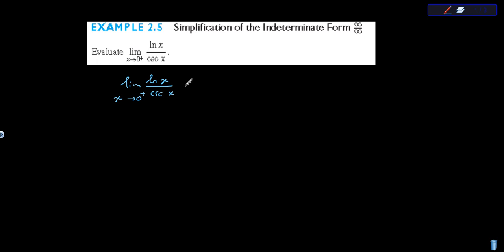If I substitute directly, ln 0 from positive is negative infinity, and csc 0 we can write as 1 over sine 0, which is 1 over 0, equal to infinity.